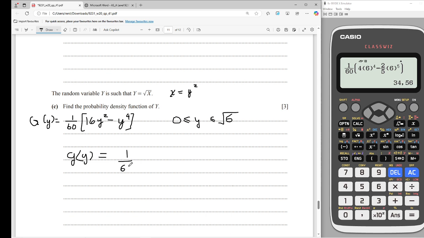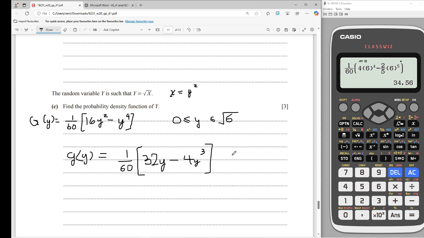So 1 by 60 multiplied with the differentiation of 16y squared, which is 32y. Differentiation of y to the power 4 is just 4y to the power 3, and that's pretty much it.